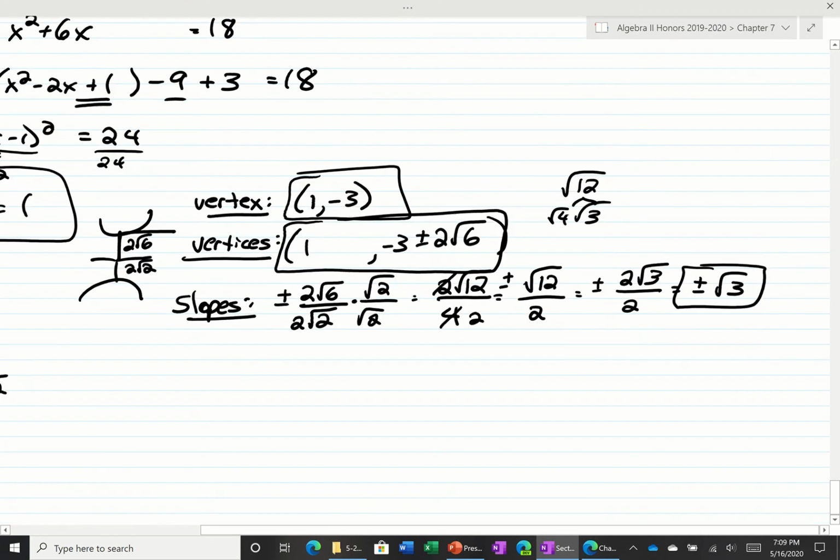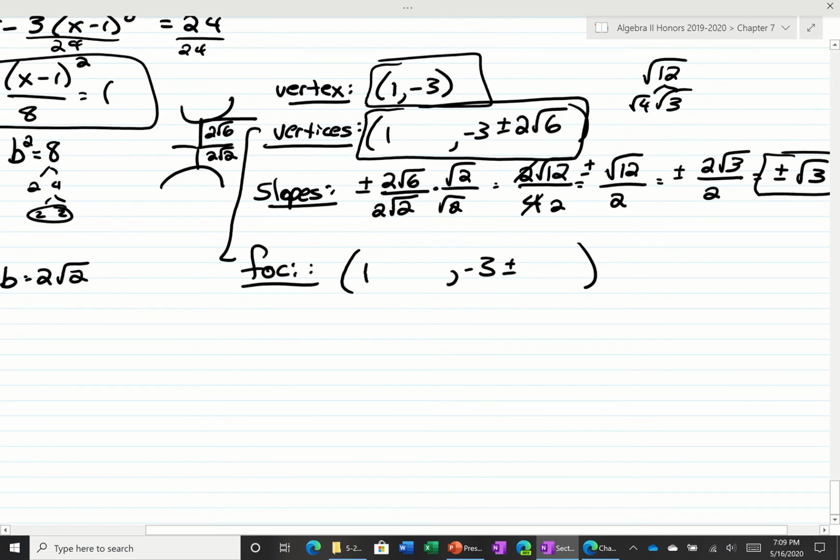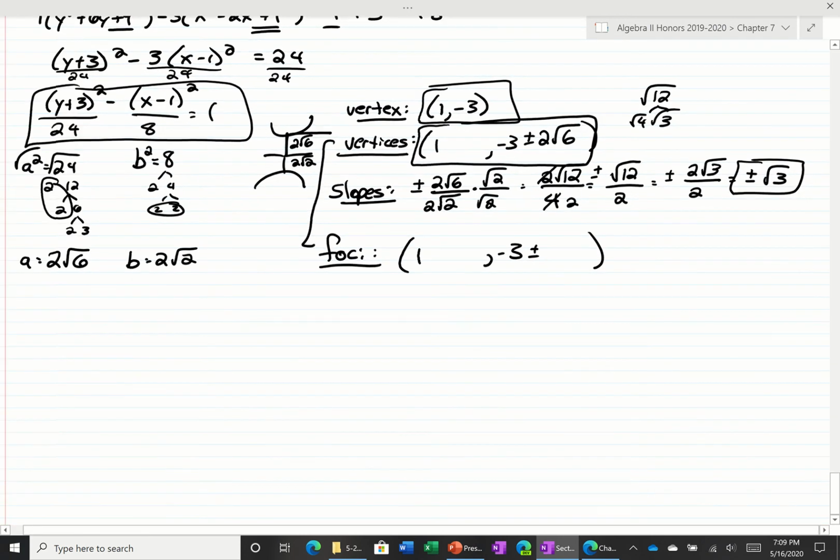And I think the last thing were the foci. The foci are going to be on the same axis as the vertices. So the center is 1, negative 3. We're going to be adding and subtracting c to the y value. We just have to figure out what c is, right?